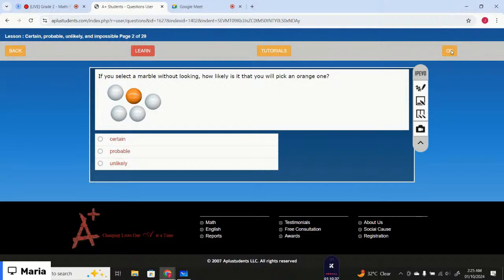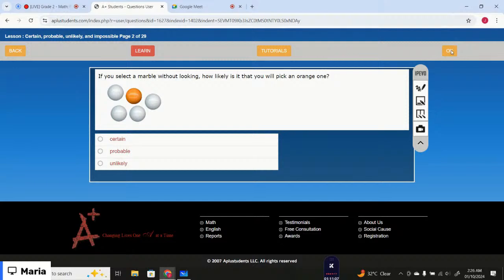If you select a marble without looking, how likely is that you will pick an orange one, which is the correct option? You have only one orange marble, right?